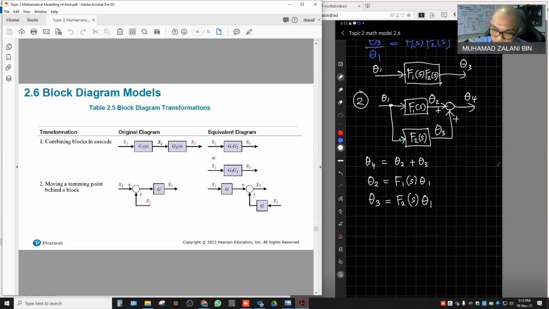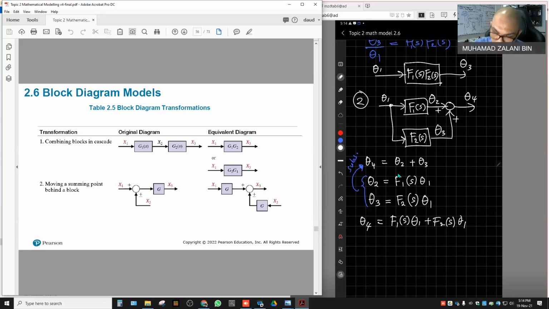Here we can substitute this into that. So we substitute these equations into the first equation, so that we have theta 4. When we substitute, theta 4 equals F1(s) theta 1 plus F2(s) theta 1.